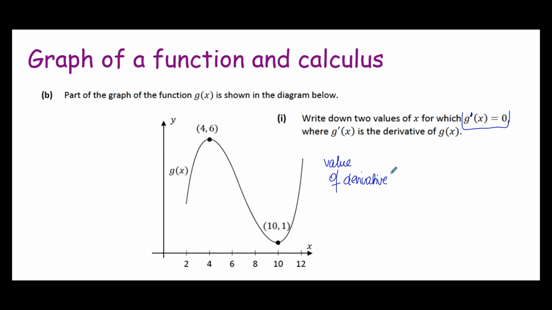Now, we don't have the function. We therefore cannot create a derivative. So how are we going to solve it? Well, part of the knowledge that we're going to apply here is that the value of the derivative at a specific point will be the same as the slope of the tangent to the curve, or basically the slope of the function at that particular point.